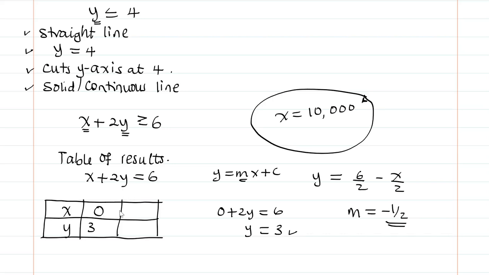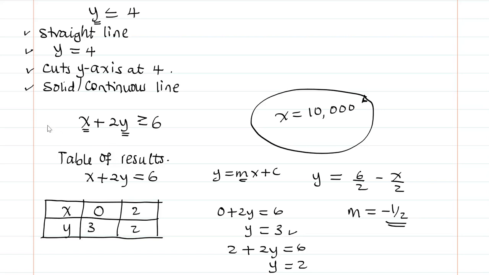Saving time, I'm going to choose here my x as 2. So if my x is 2, I will have 2 plus 2y equals 6. If you make y the subject here, y becomes 2. So if x is 2, y is also 2. So these are the values of x and the values of y.